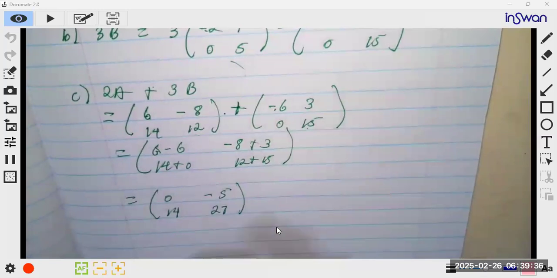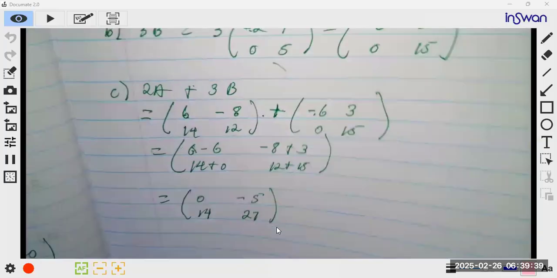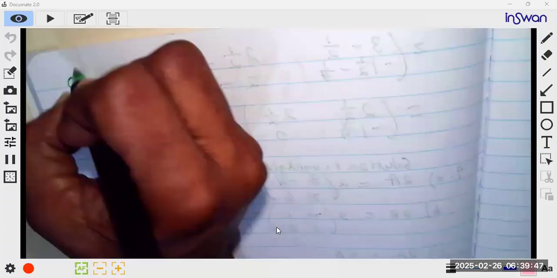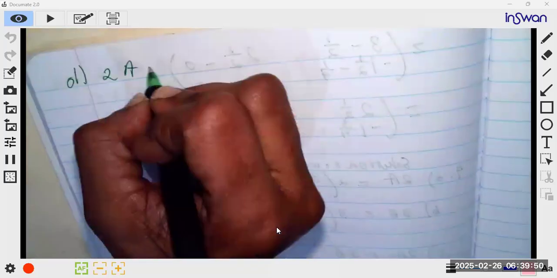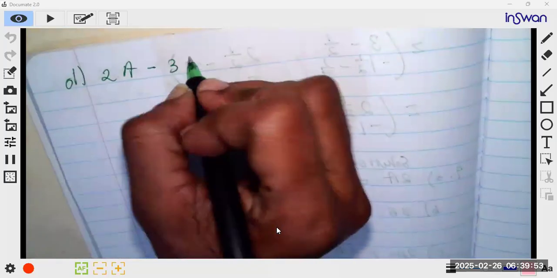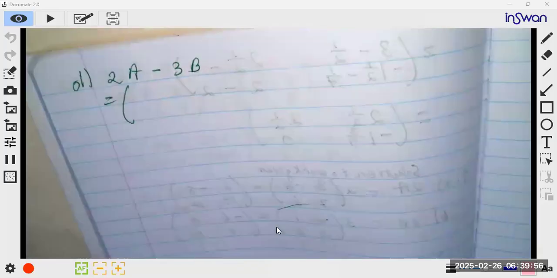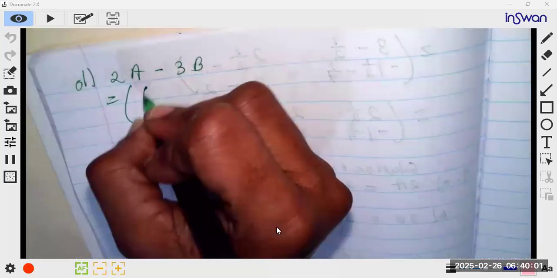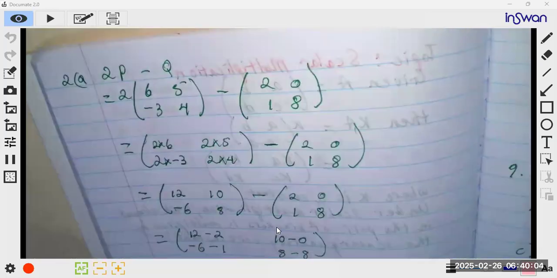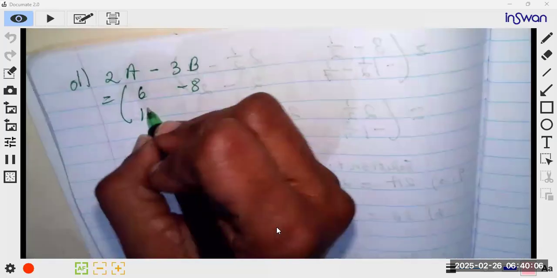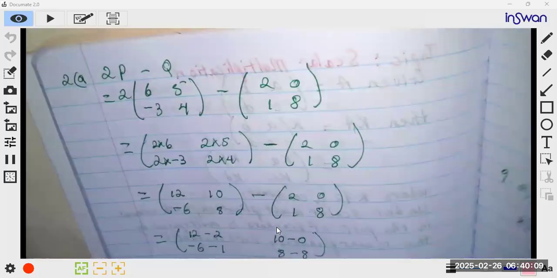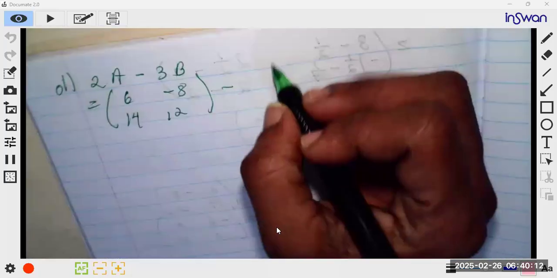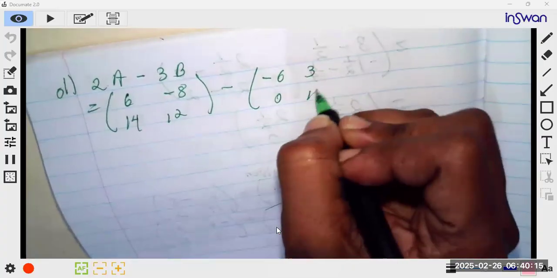D, Nikki. All right, so let's go to D. D, 2A minus 3B. We know what 2A is already, so what did you get for your answer? 12, -11, 14, and -2. All right, so let's see. 6, minus 8, 14, 12, take away 3B, which is minus 6, 3, 0, 15.